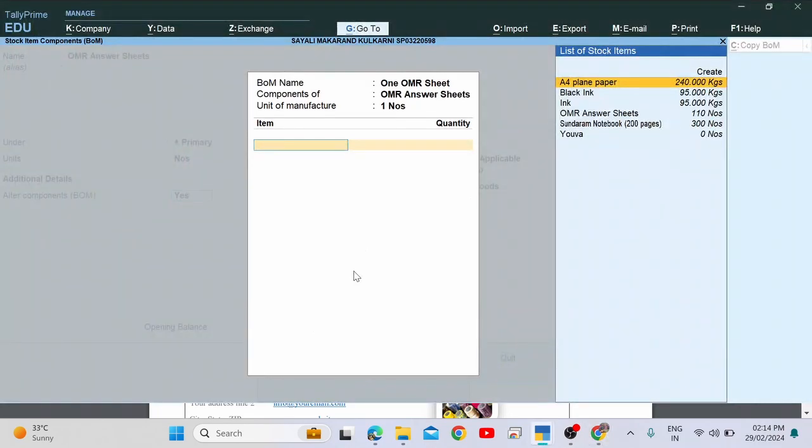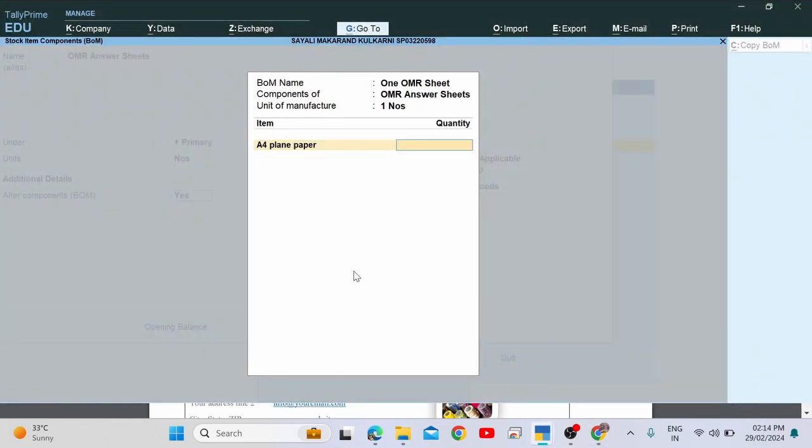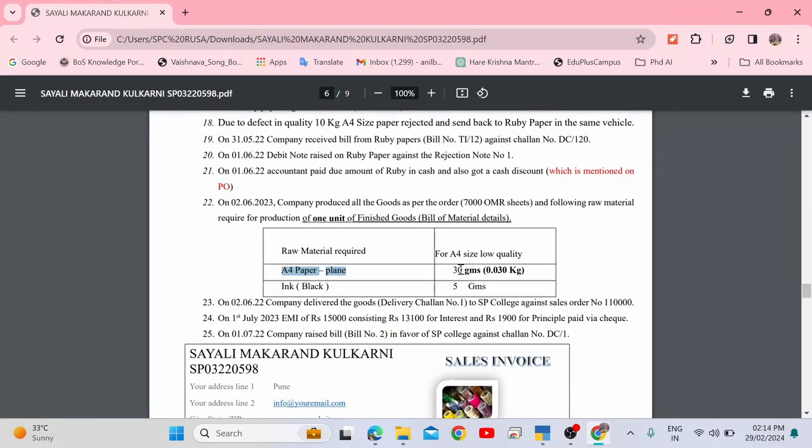Now here, take care to select A4 size plain paper. In the previous project I had not written 0.30 kg here, but now in this project you will get it, because I found that last year so many students made a mistake here, therefore I explained it by writing the kgs. 30 grams means how many kg, in the bracket.